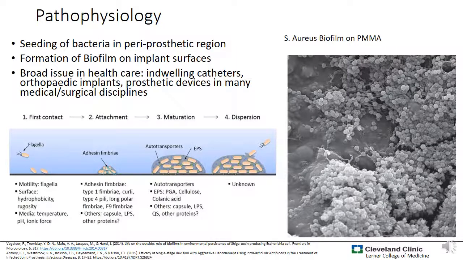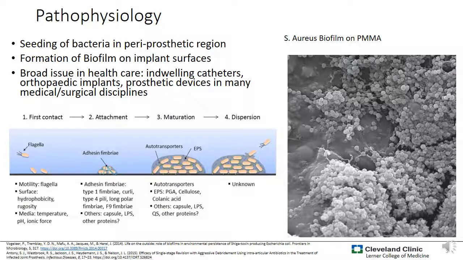If we look at the pathophysiology, this gives us some understanding of why it's such a difficult problem. It's believed to be caused by seeding of bacteria into the peri-prosthetic region, either through direct inoculation through the surgical wound site, perhaps intraoperatively, or possibly postoperatively, in the situation where you have a wound infection that can track deep into the prosthesis space.